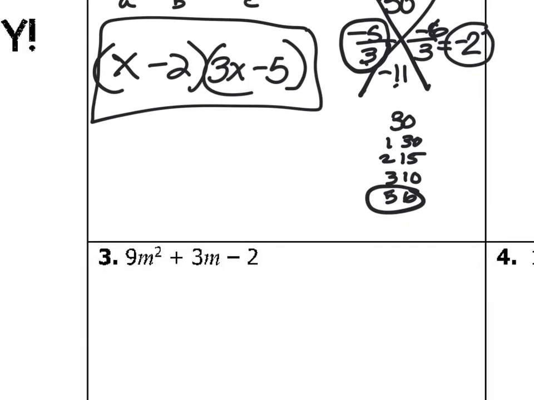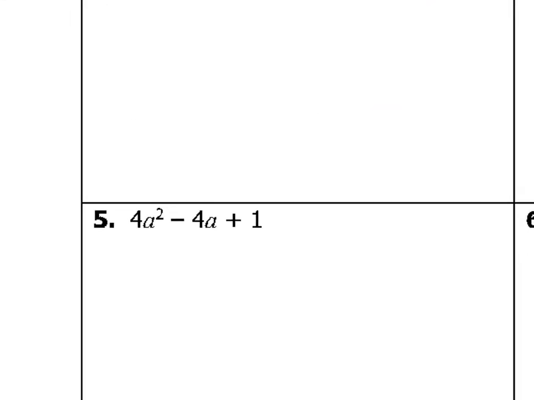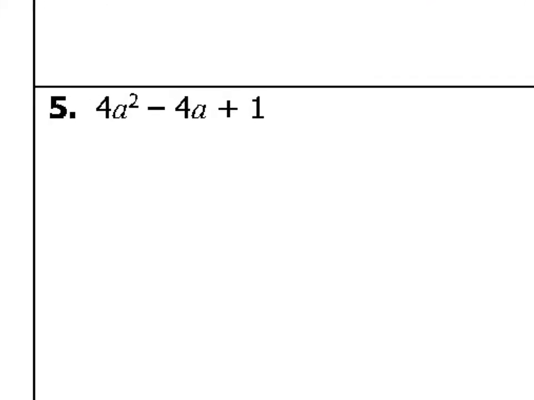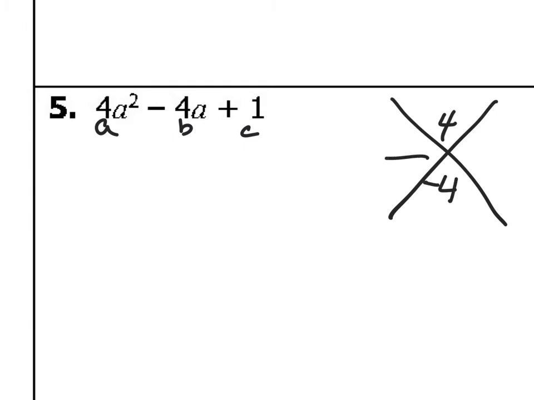Okay, let's skip down to number 5. All right, A, B, C. So A times C is 4, B is negative 4, and we're dividing by A, which is 4. A lot of 4s there.